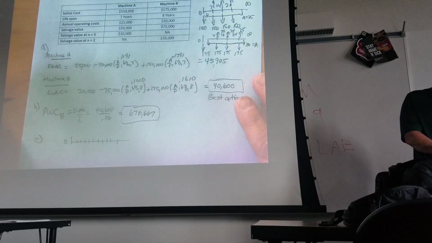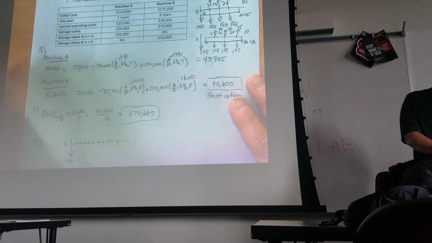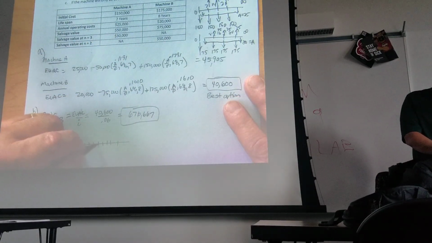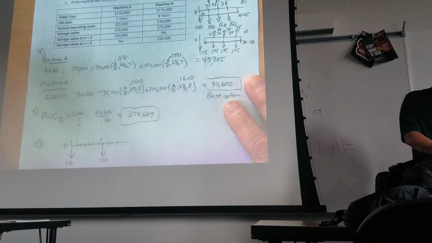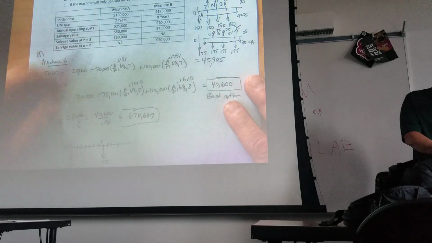So, the first one is 150,000 at 0, and then 150,000 at 7. And a salvage at 7, 50,000.